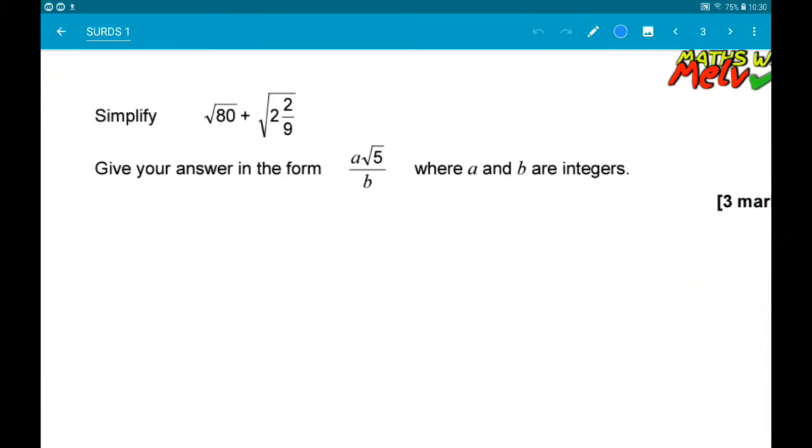Okay, next up, simplify root 80, add root 2 and 2/9. Give your answer in the form a root 5 over b, where a and b are integers. Okay, so we're going to simplify each term separately first. So root 80, now we might spot maybe 4 times 20 is 80. So we could say this then is root 4 root 20.